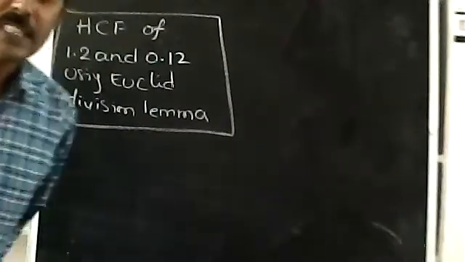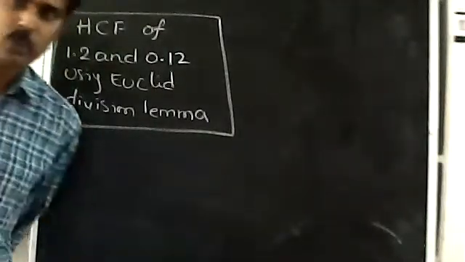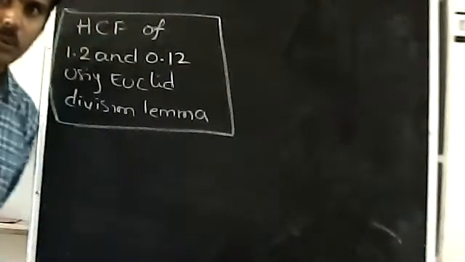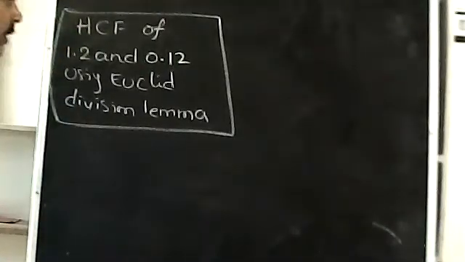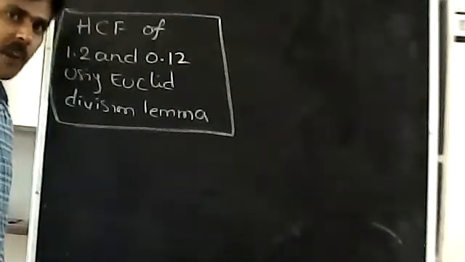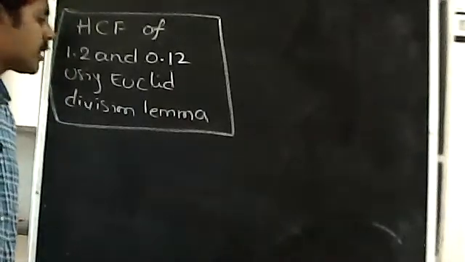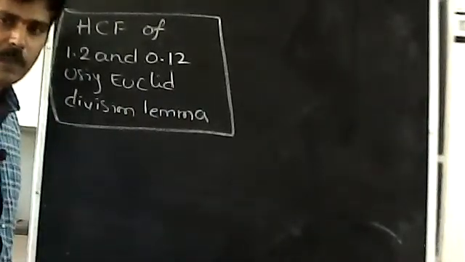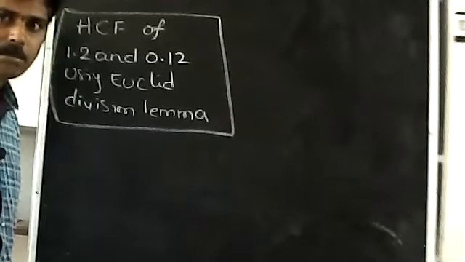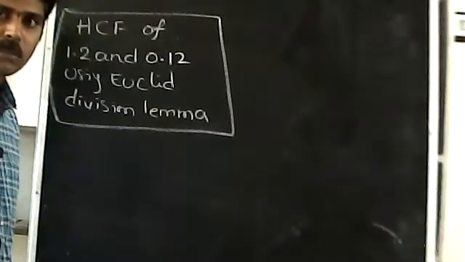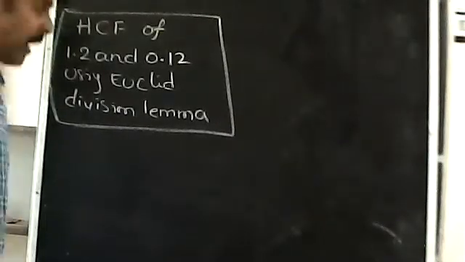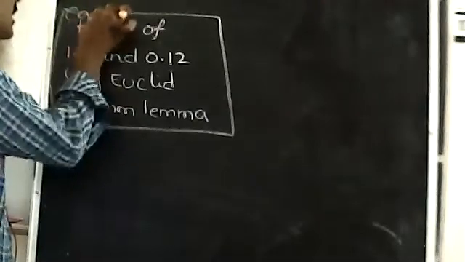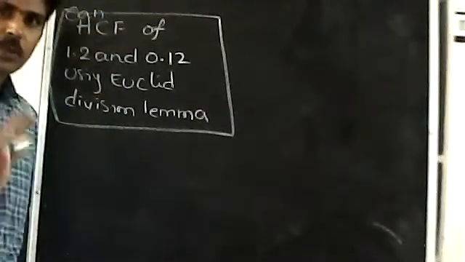The homework I will send to the group, you don't worry about that. Just go through the problem I have mentioned on the board. Find the HCF of 1.2 and 0.12 using Euclid division lemma. Can we find? I'm not asking what the HCF is. Can we find the HCF of those two numbers?